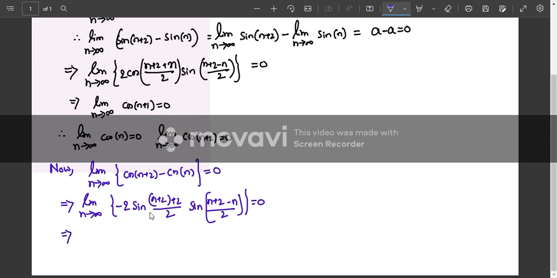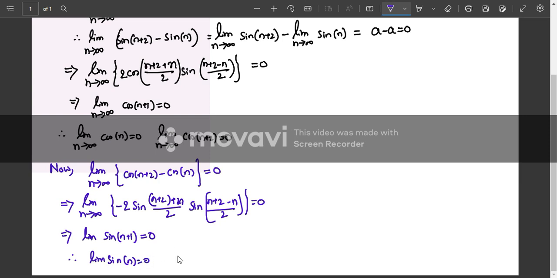So from here what we get is the limit of sin(n+1) equal to 0, as minus 2 sin 1 is finite. So the limit of sin(n+1) is 0. So from here we get the limit of sin n is also 0.